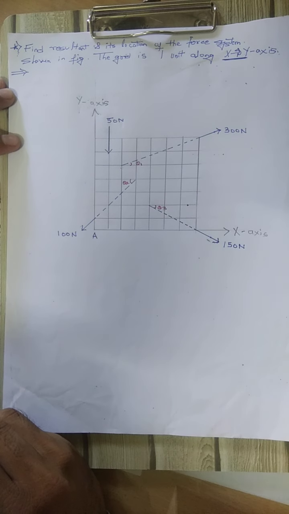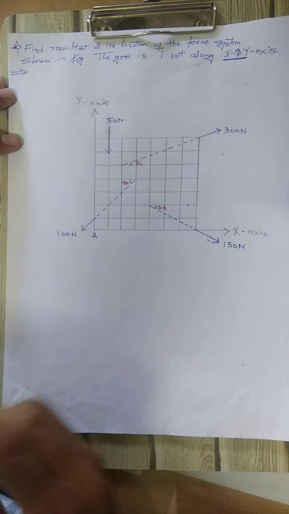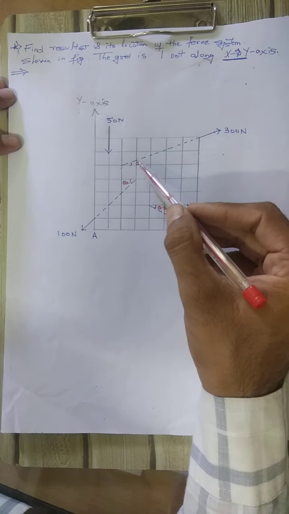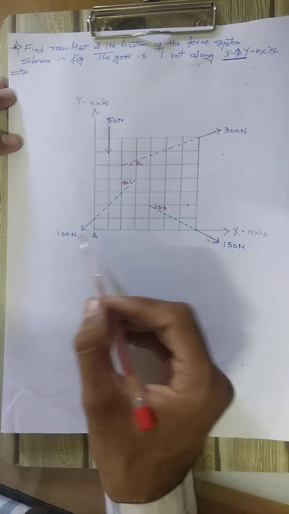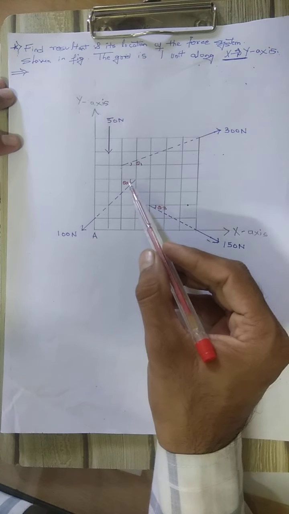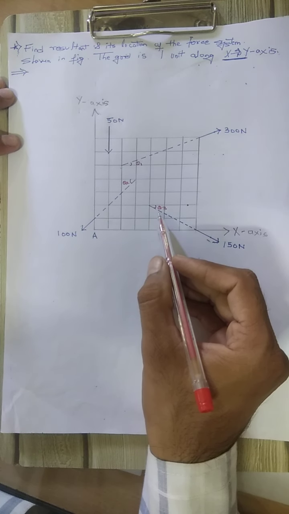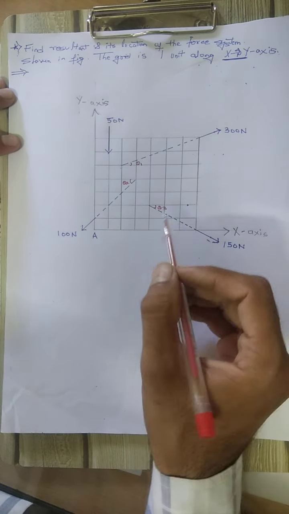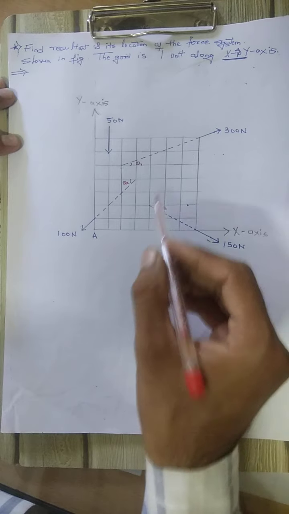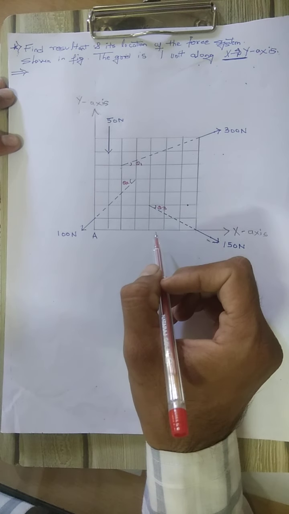So the angle made by the 300 Newton force is theta 1, for the 100 Newton force it is theta 2, and for the 150 Newton force it is theta 3. All the angles are made with the x-axis.